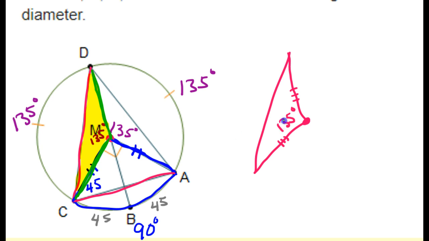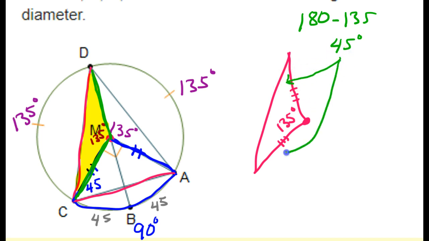So again, I should be able to start from 180 and subtract the 135. So that is going to be 45 degrees. So this 45 degrees actually has to be shared evenly between these two angles.